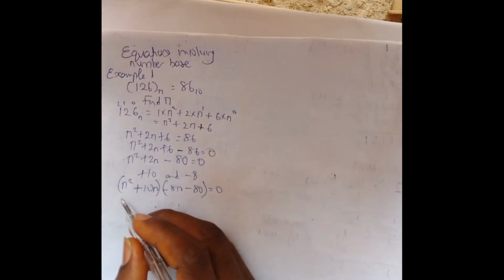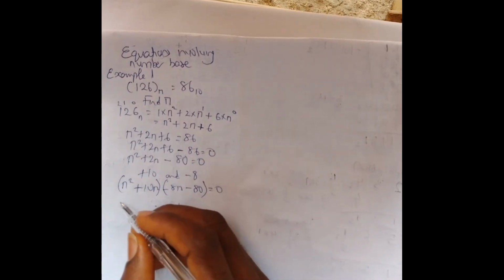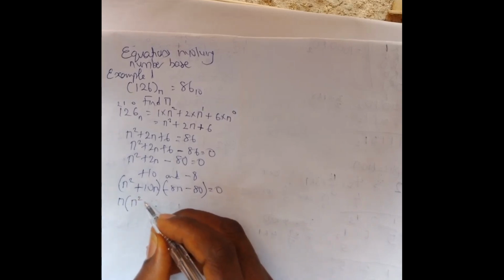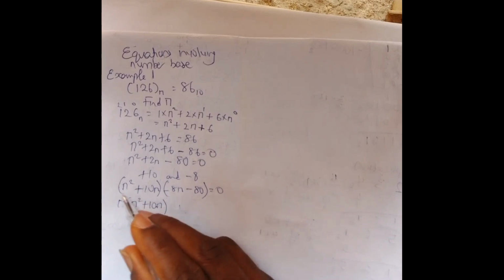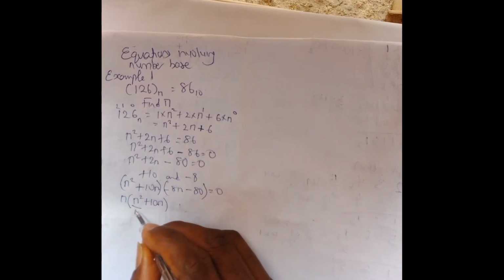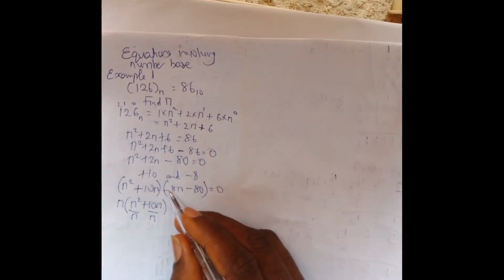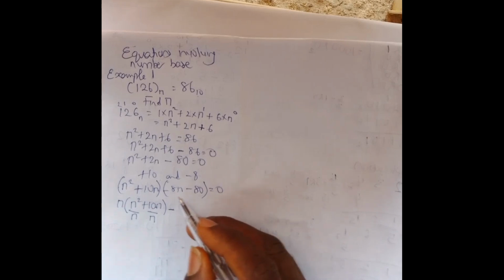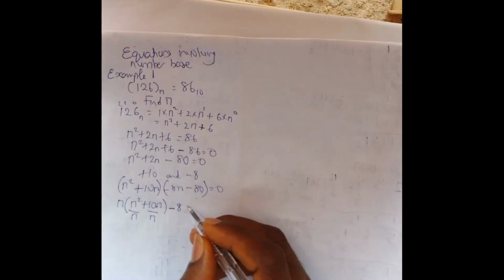N is common in both of them, so we take n, open bracket, then write what is inside the bracket back. So we are using this n that is common in both of them to divide each of them. Then take the minus and take a number that can divide both of them, which is 8. 8 can divide 8 and 80 without remainder. So you take 8, then open the bracket, then write the question back.